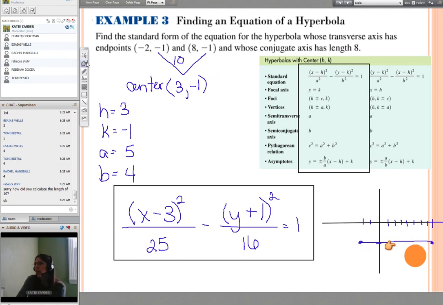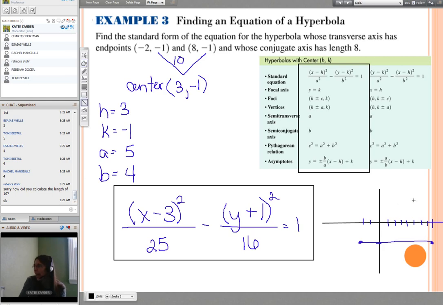If we can't mentally see what's going on, I would suggest drawing it out, because that visual aspect helps solidify your thinking. It also helps you identify that the transverse axis is in fact horizontal. You can physically see what's happening.